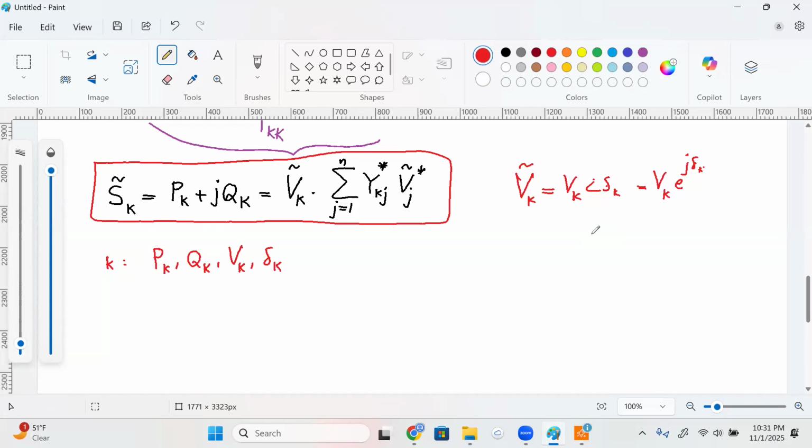How many equations do I have? As you can see, for bus K, I can write one equation for complex power. The good news for us, though, this is a complex equation, which means it has a real part and an imaginary part. So while I do have four unknowns, I only have two equations.